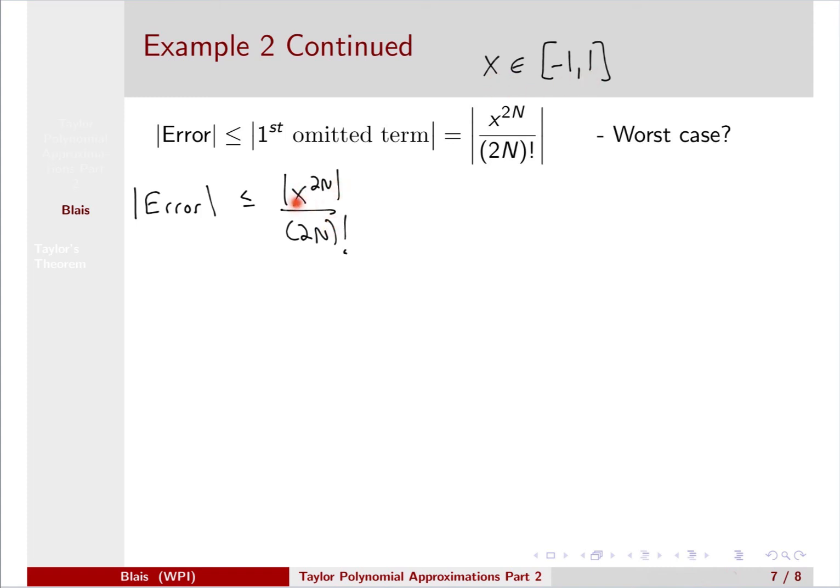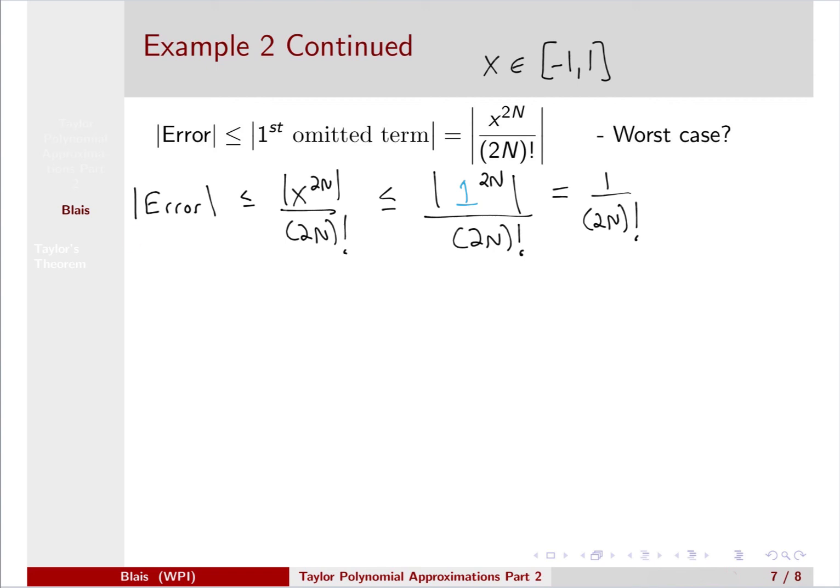Well, we know the absolute value of x to the 2n is at its worst when x is equal to 1 or -1. Which simplifies to 1 over 2n factorial.